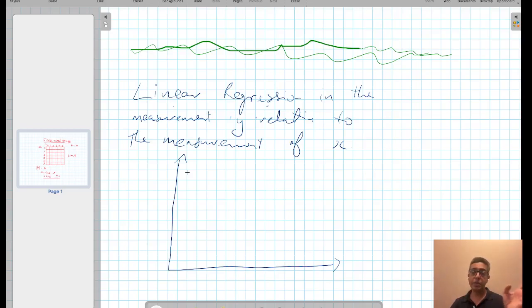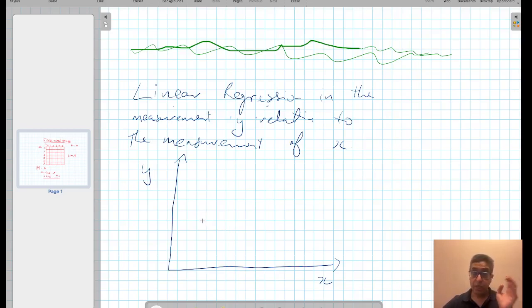So for example, x could be a location along some kind of spatial domain. It could be a location along time. It could be any sort of variable that we're changing, and at the same time observing a second variable y that is dependent on x.